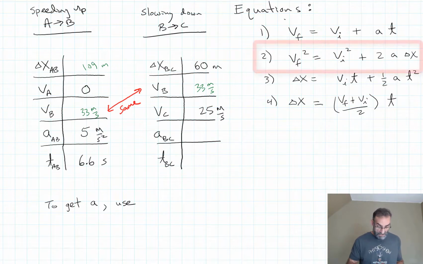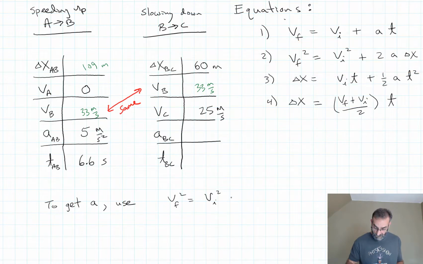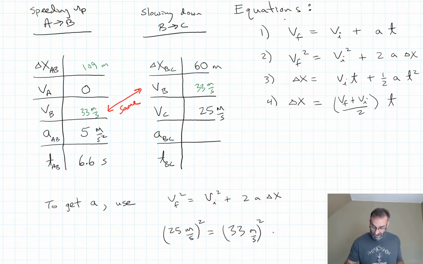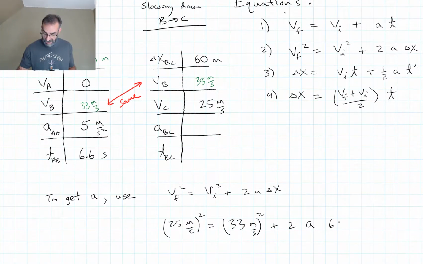So I want to use this equation. My final velocity is vc, 25 meters per second. My initial velocity is vb, and I've got 2. My acceleration is what I'm solving for, and delta x is positive 60.